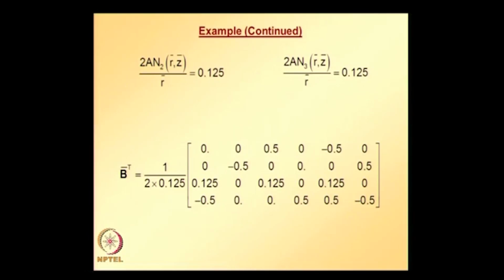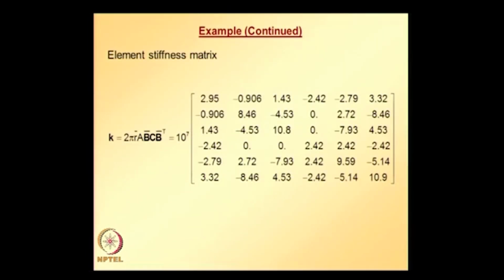So, using this we can easily get the element stiffness matrix. We did this because the applied traction is uniform traction.